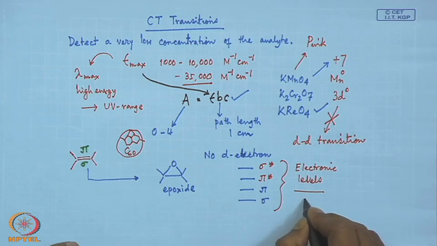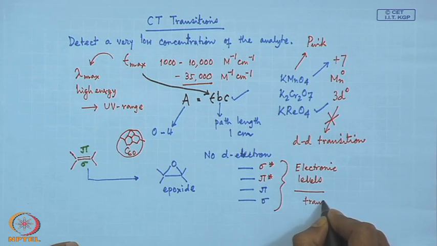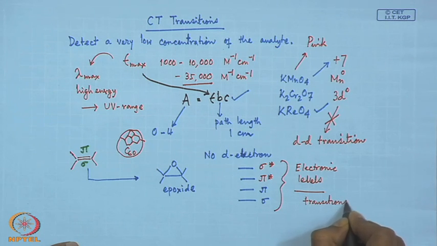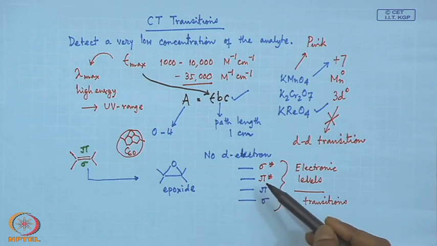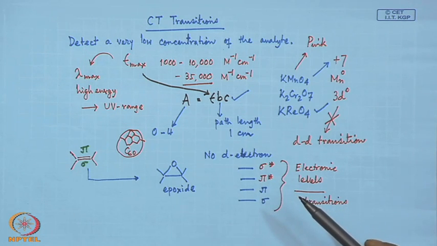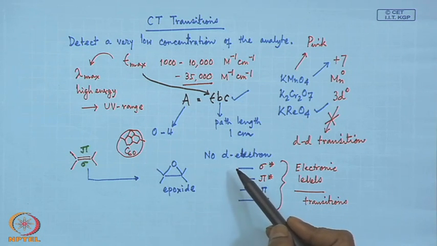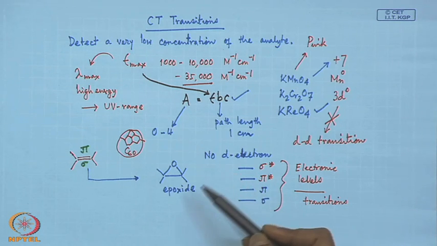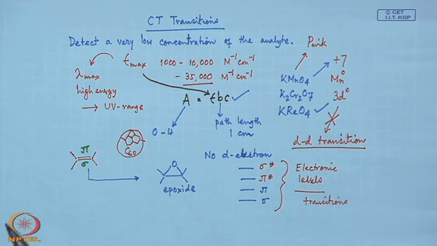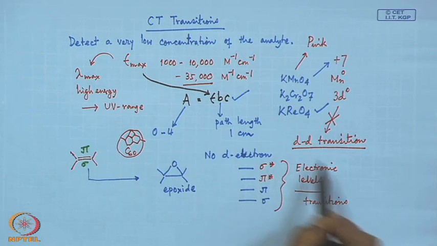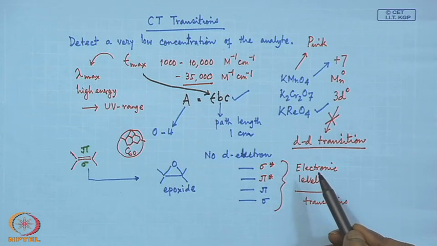So these are now our new electronic levels which are involved in transitions. If these sigma, pi, pi star and sigma star orbitals are utilized for these transitions, we will find that though we do not have any d electron in the system, the question of any kind of dd transition is no more. So we have some other type of transitions.